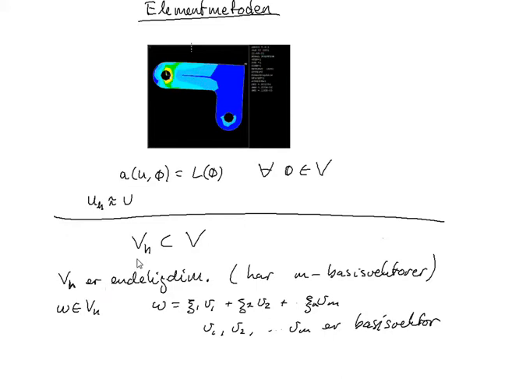The finite element method is in principle very simple. The principle is as follows. Instead of using the whole Hilbert space, capital V, you take a finite dimensional subspace of this space V, and this space has m basis vectors, and we call this VH.